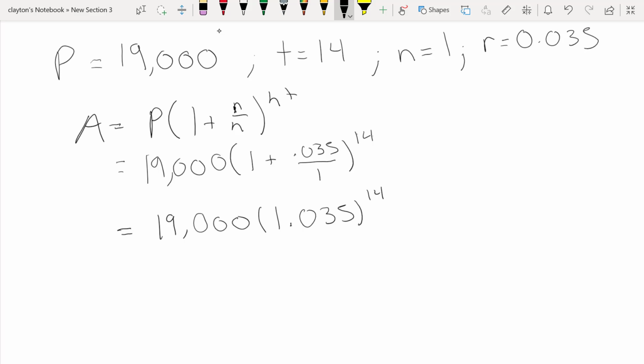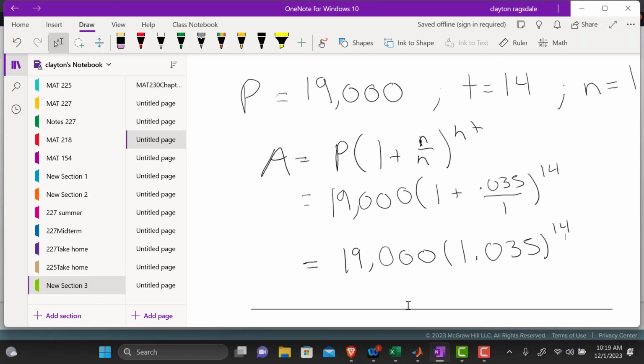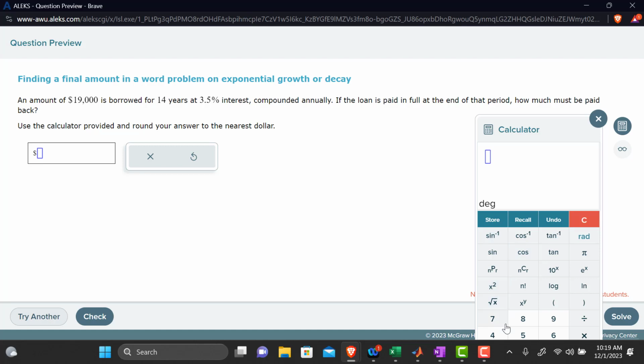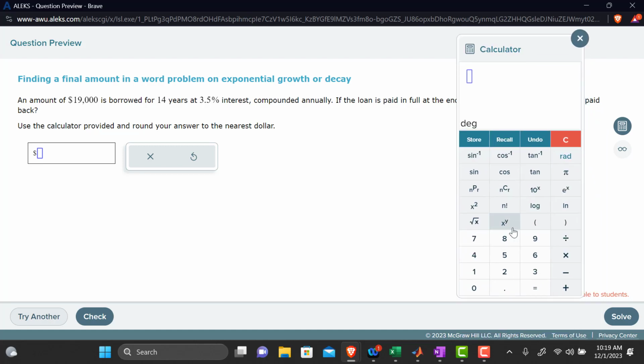Nothing else for us to simplify. 19,000 times 1.035 raised to the 14 equals.